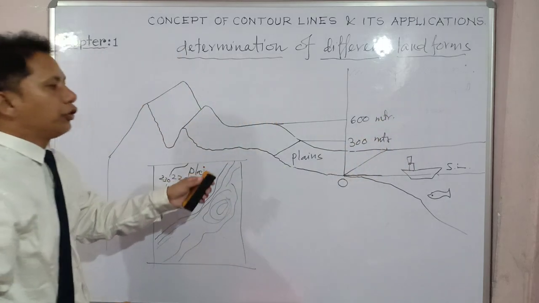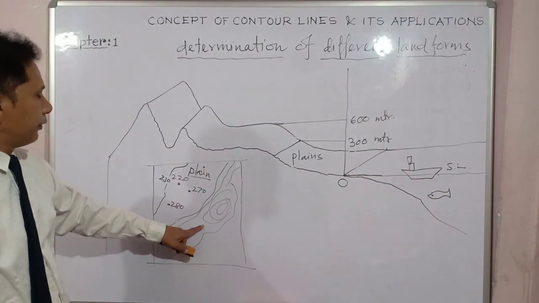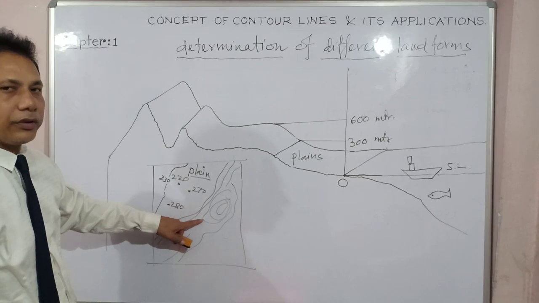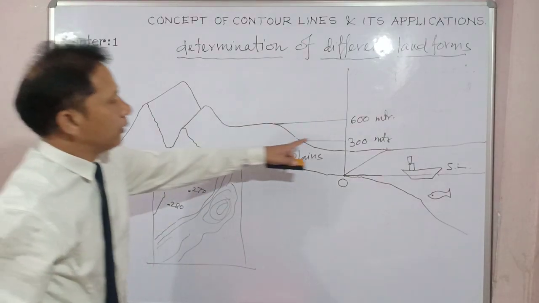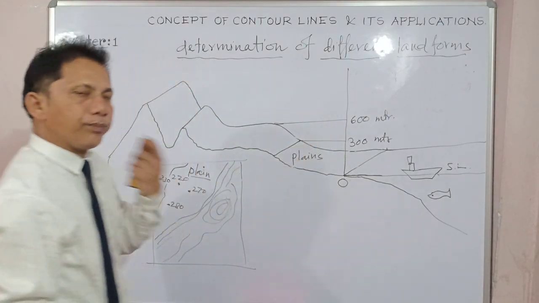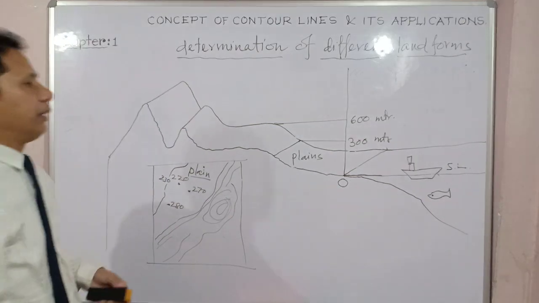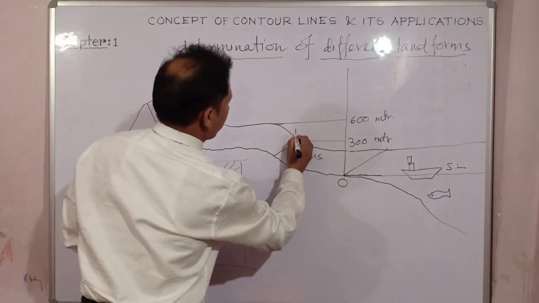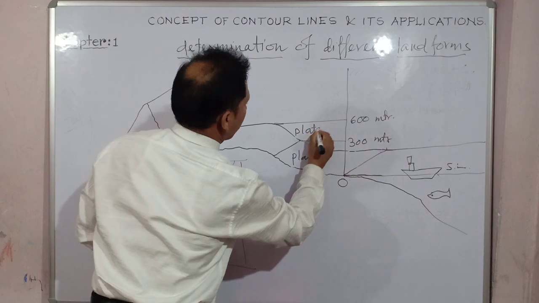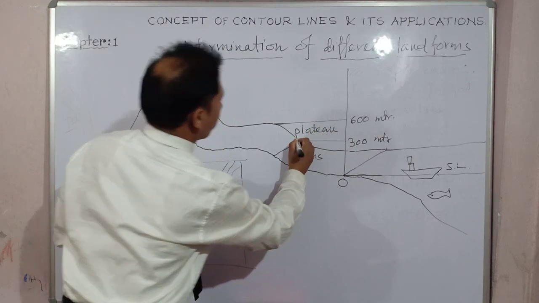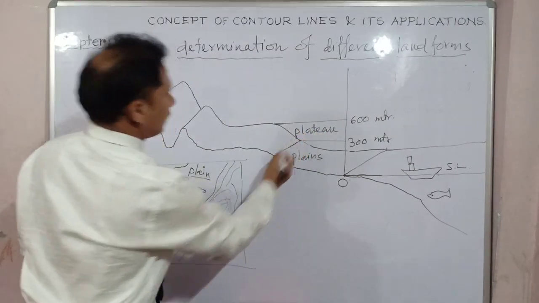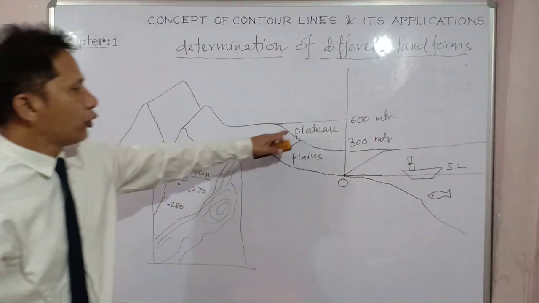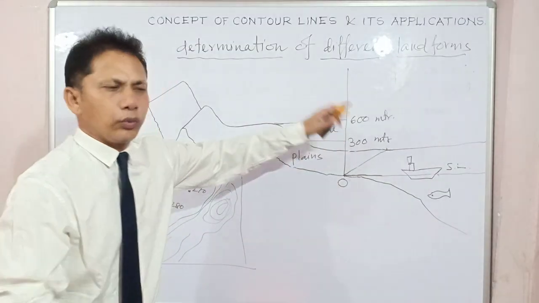Okay, the contour value or the value of the spot height or the triangulation station or benchmark, if it comes within 300 to 600 meter, this will come under plateau. Right? If you get a clear view, as I am showing out here, so this ranging was set.